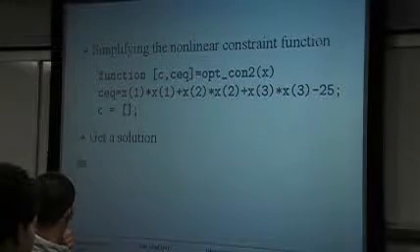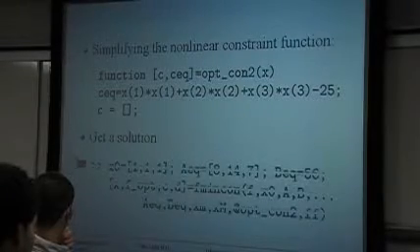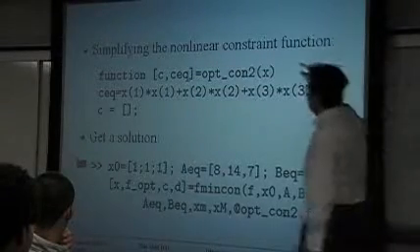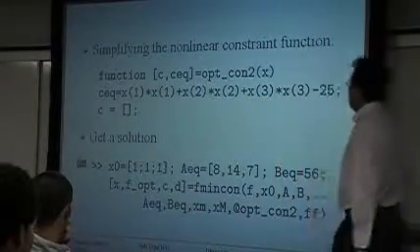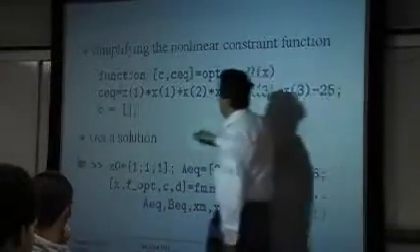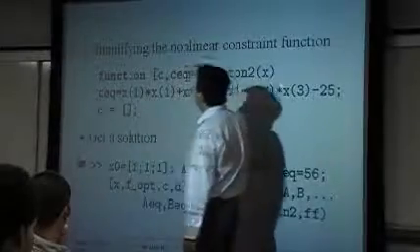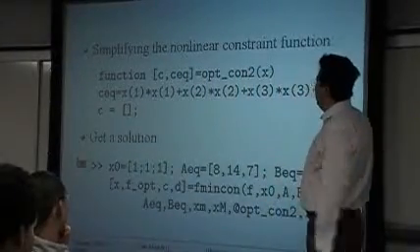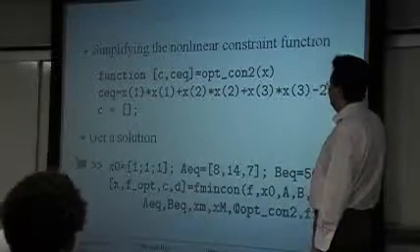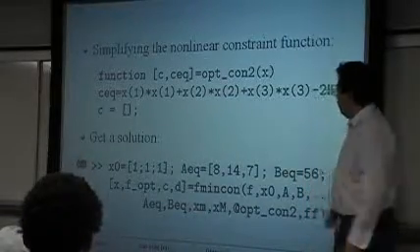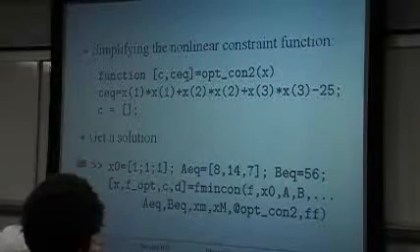So this is a program, and this is a command I have to use. We have to write a function to describe the constraints first. The return variable C is an empty matrix because there isn't any nonlinear inequality in the constraints. And we also have to describe the objective function f.